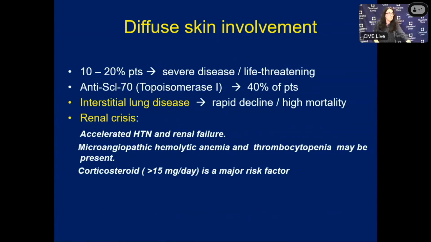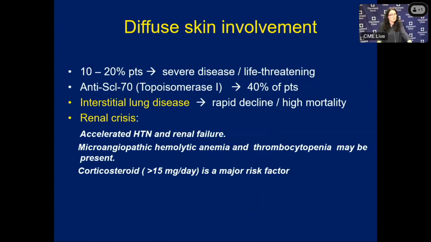Now, patients with diffuse skin involvement may have more severe disease, it can be life-threatening in up to 20% of these patients. They typically have the anti-Scl-70 antibody, which is present in about 40% of the patients. Interstitial lung disease is more common in these patients, and it can result in a rapid decline and high mortality rates.